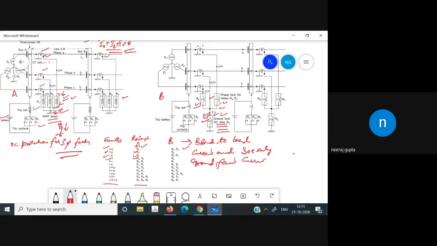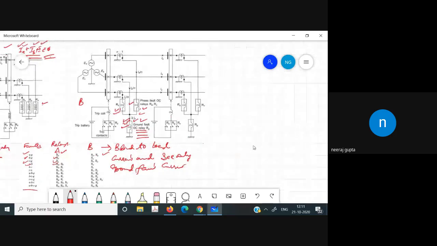This also depends upon the understanding of the protection engineer, how he sees things, so he has to take into consideration the reliability, and the cost consideration should also be there. Now, next is the directional overcurrent relay.